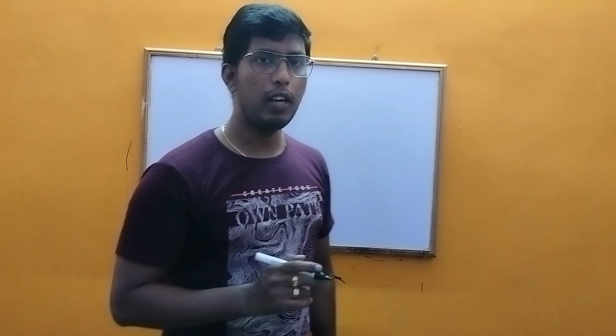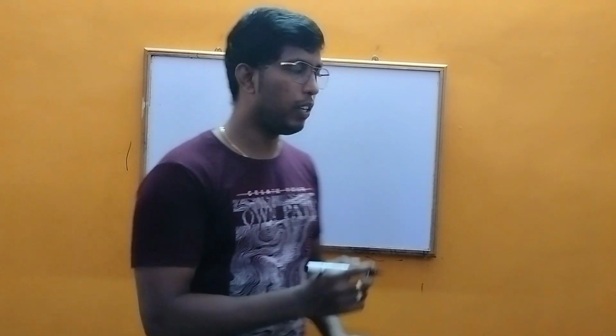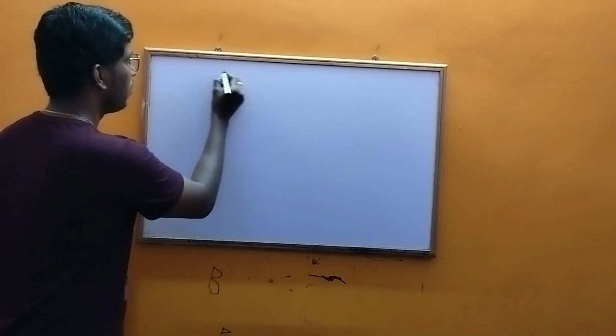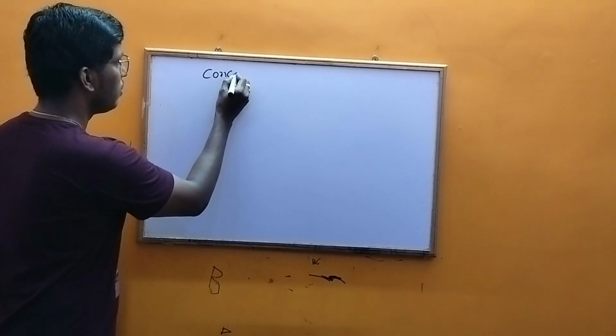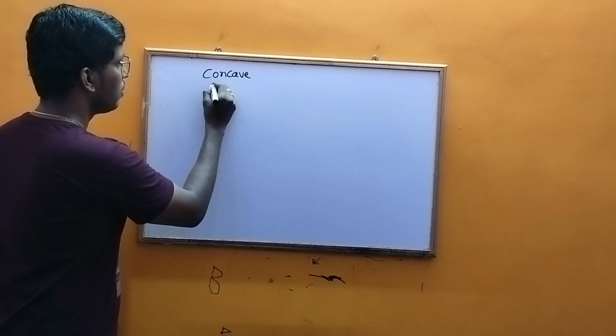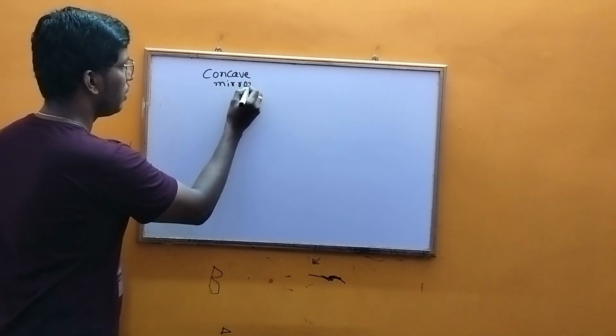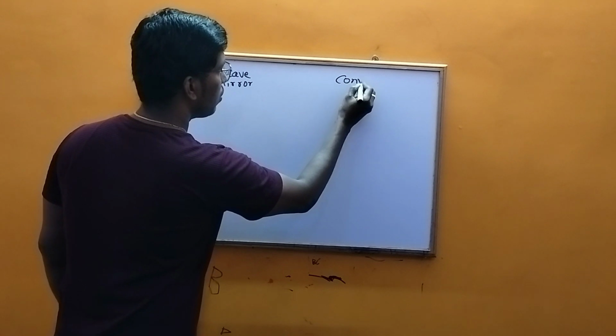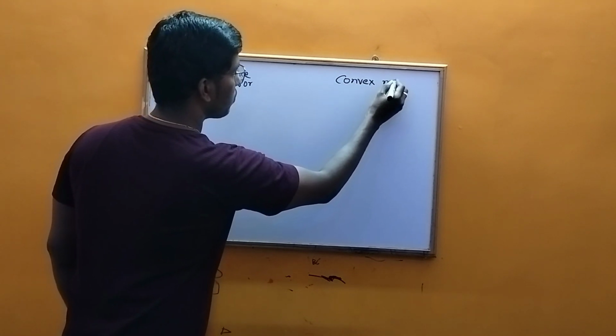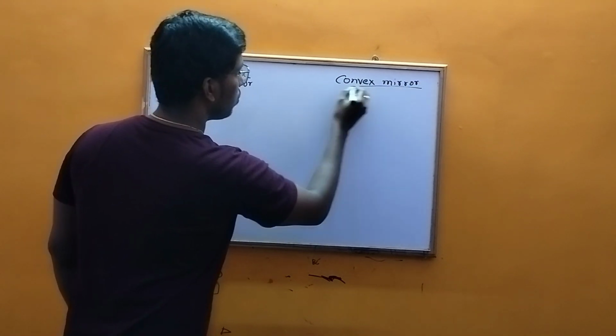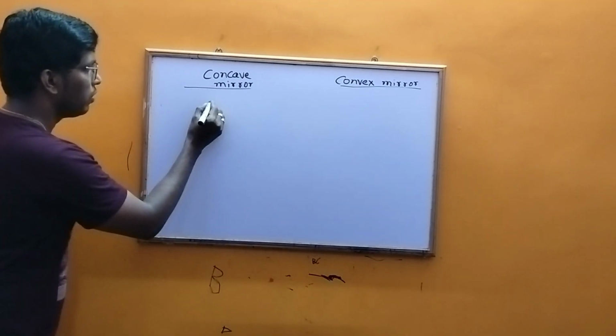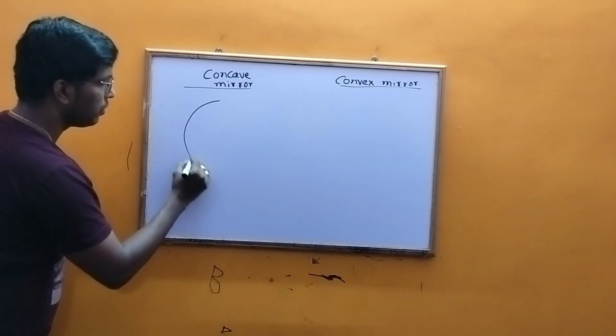We already know that there are two types of curved mirrors. One is concave mirror and the other one is convex mirror. I'll draw the diagram.